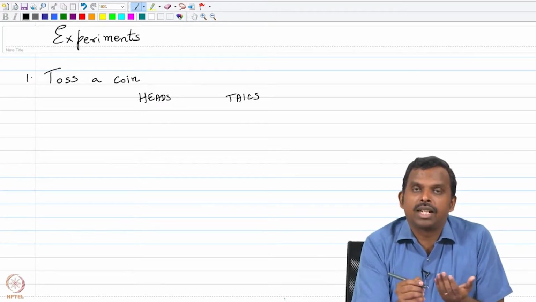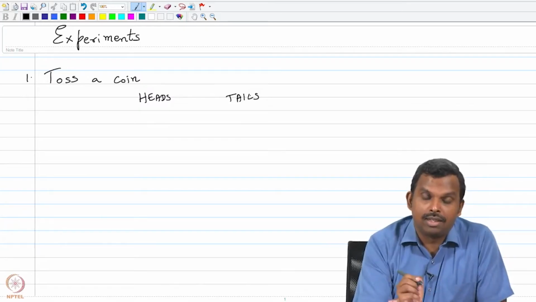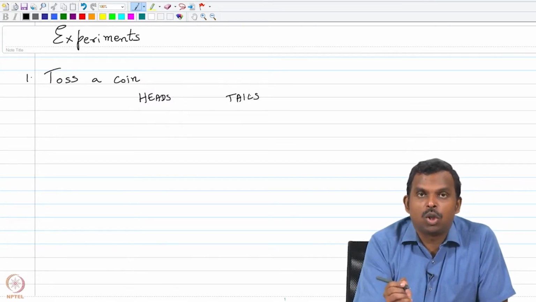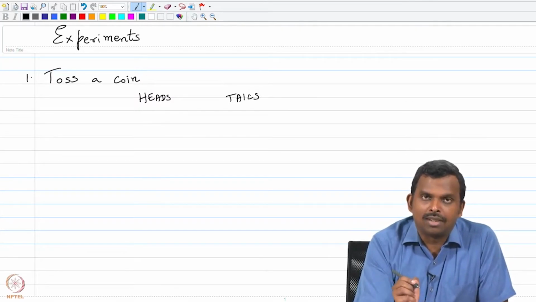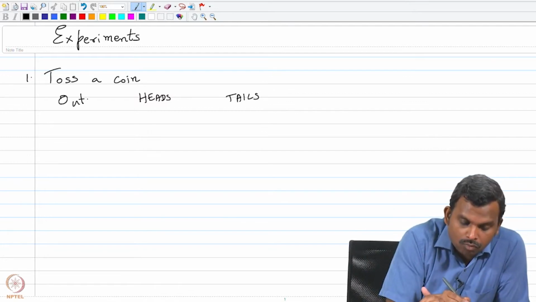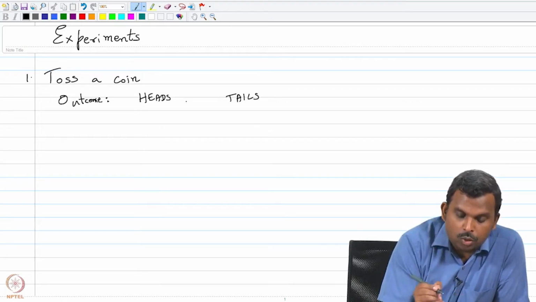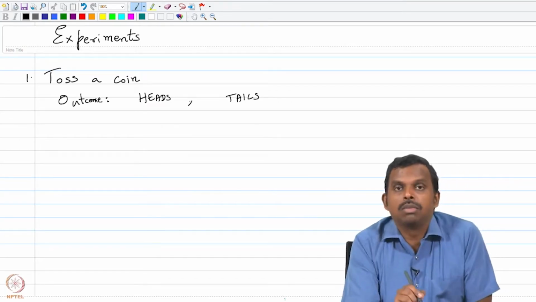We do not know which side is going to come up on top. If heads comes on top, you say heads is the result, and if tails comes on top we say tails is the result. It is a very simple experiment. It has only 2 outcomes. The first outcome is heads, the second outcome is tails.